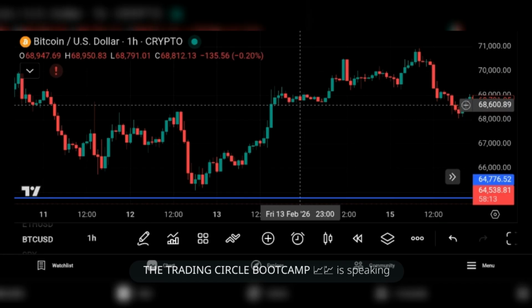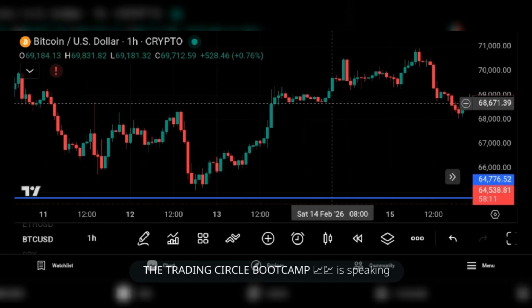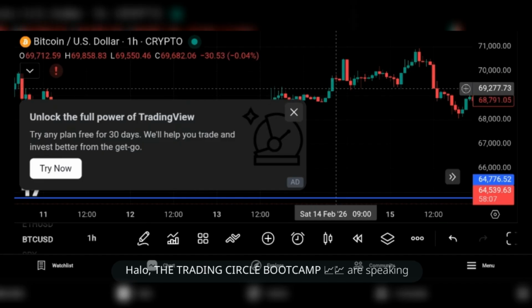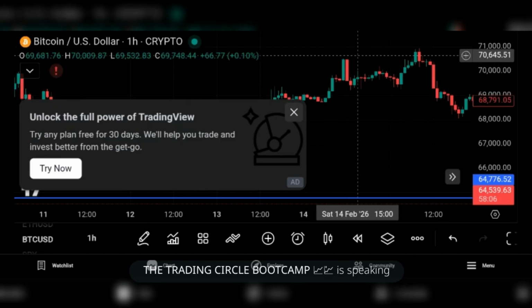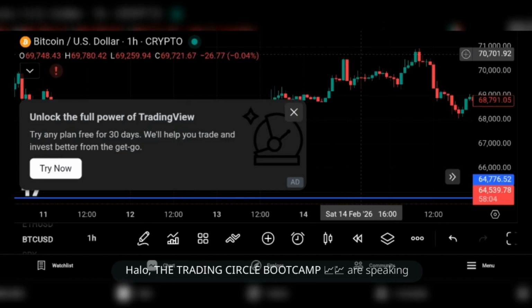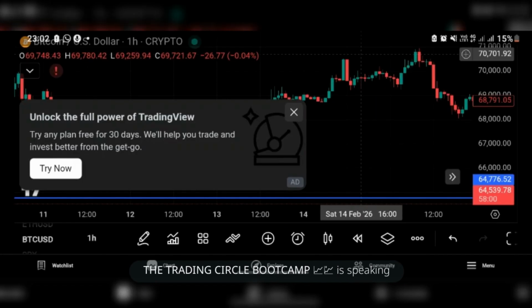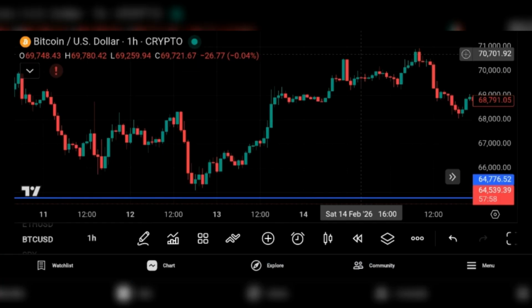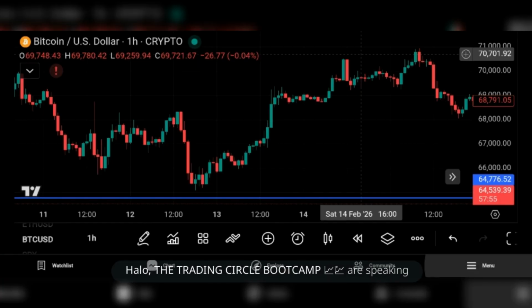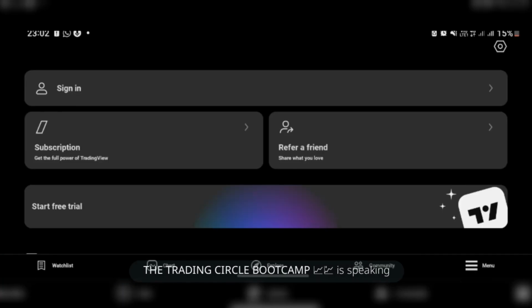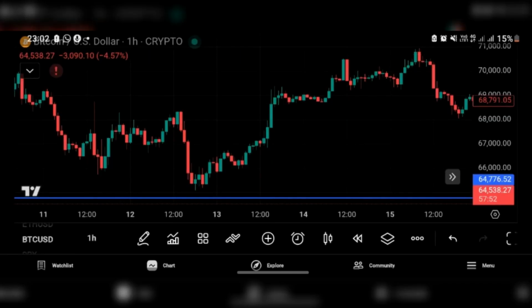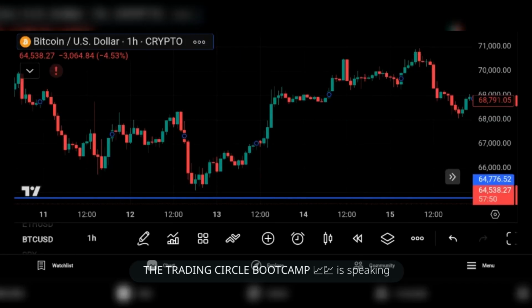Let's forget about this ranging for now, but it ranges. Now after ranging, it moves up to this place. This is our third higher high, right about here.